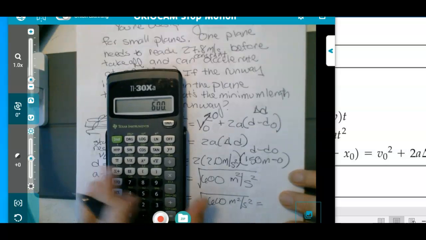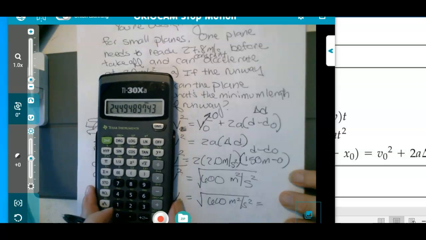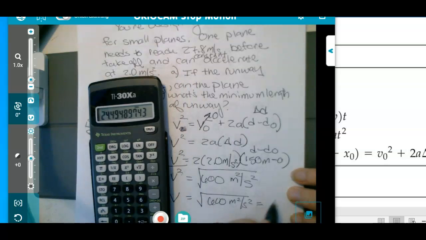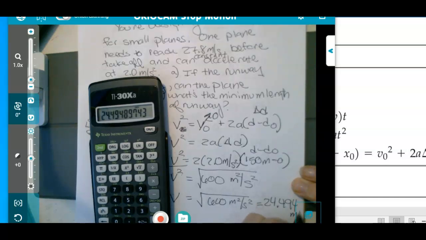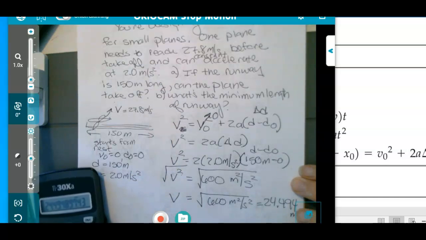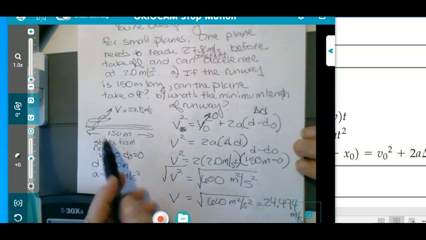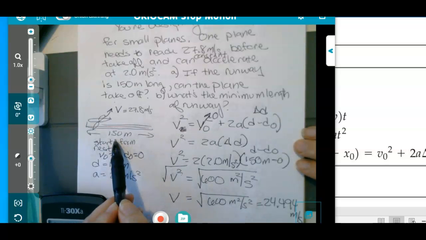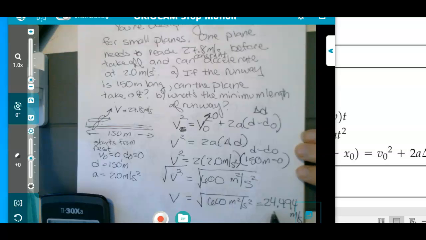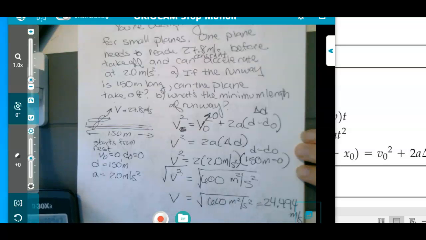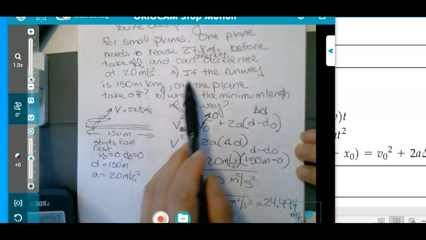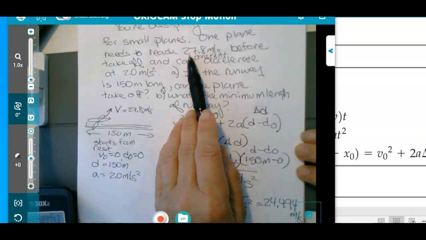So the square root of 600 is 24.494 meters per second. So for a plane to take off on a 150 meter runway, it would reach a speed of 24.494. And we said our velocity needed to reach 27.8 to lift the plane off the ground.